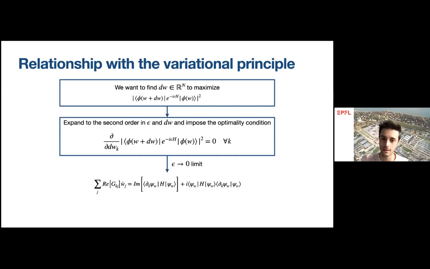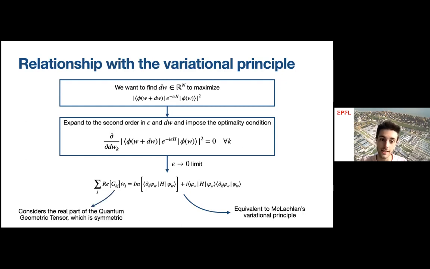We find that in the limit of the time step going to 0, this gives an equation which is the same as the original McLachlan's variational principle. So not the modified time-dependent variational principle, but McLachlan's variational principle.